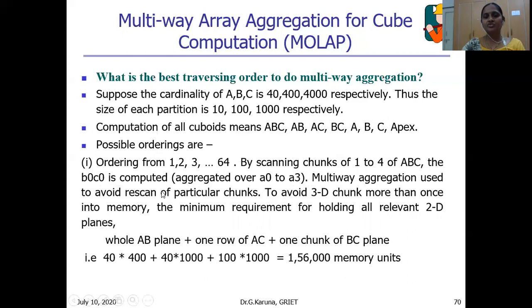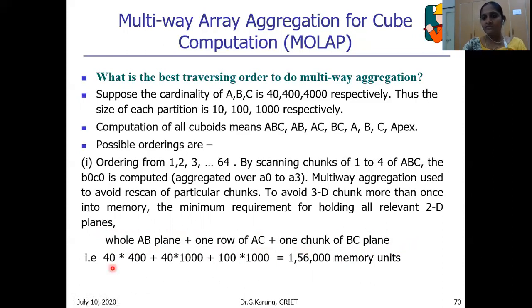Multi-way array aggregation is used to avoid the rescan of particular chunks, because while visiting a chunk, it may already be calculated, and then we need to avoid it. So to avoid visiting a 3D chunk more than once in memory, the minimum requirement is holding all relevant 2D planes. This is the way of calculating by avoiding revisiting. So we have to consider the whole AB plane, and one row of the AC plane, then one chunk of the BC plane.